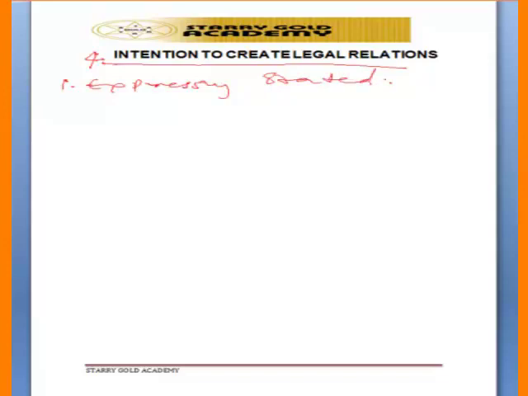That means that where they are agreeing, they will inform each other that we intend in this contract to enter into a legal relation. That means that any party in breach must be punished.